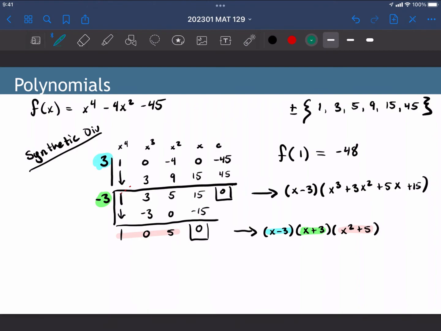There is one disadvantage, though, okay, of synthetic division. Synthetic division only works for single factors, linear factors. In other words, again, remember, testing that out as a root is equivalent to this factor.